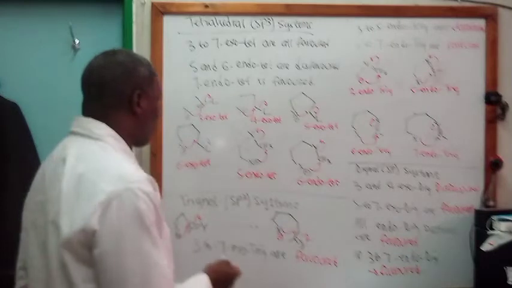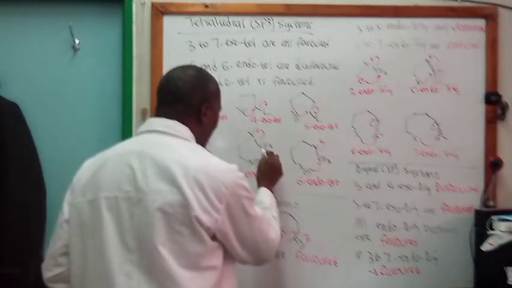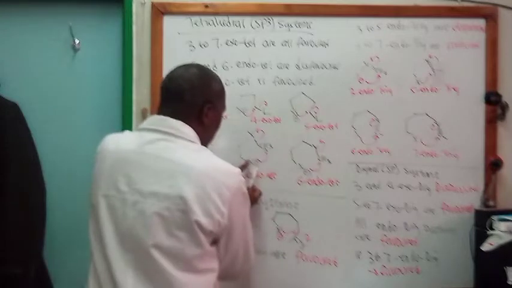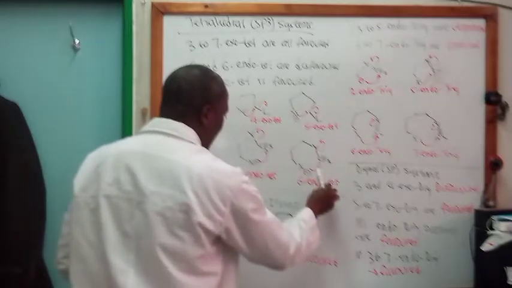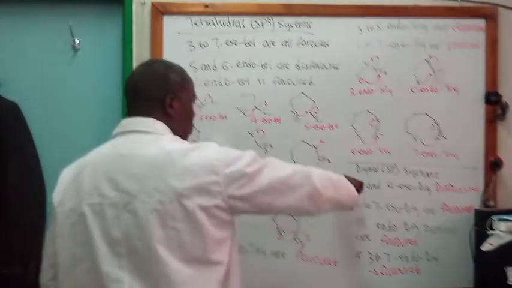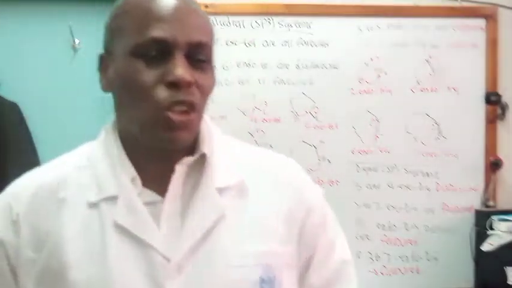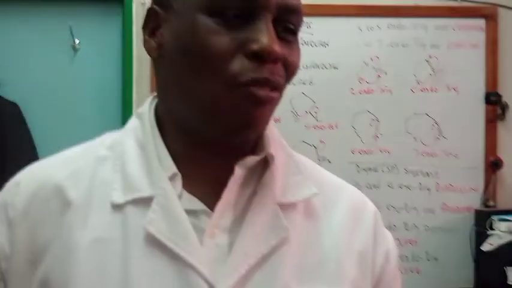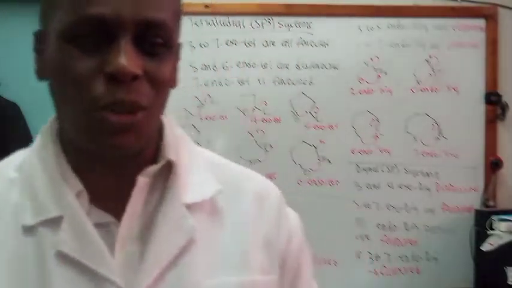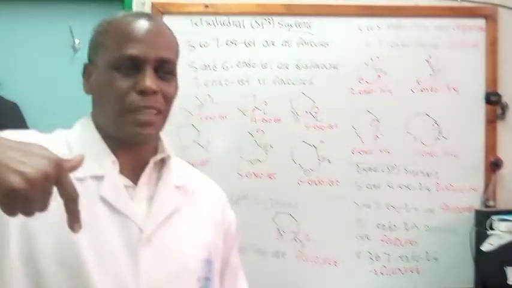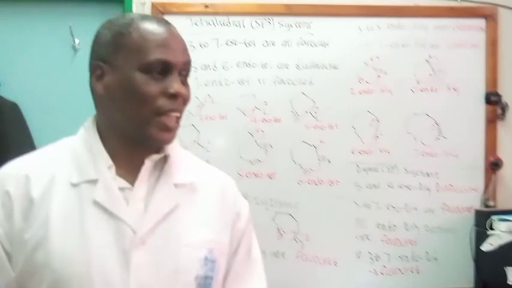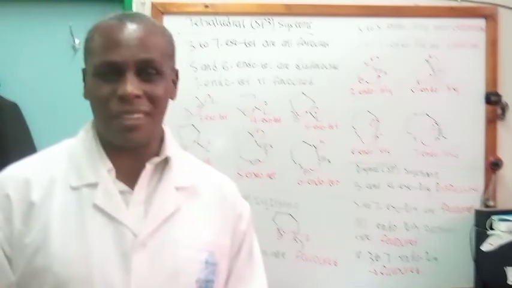But for 5 and 6 endo, for that orbital, the nucleophile will not be able to approach, whereas for the 7-membered ring, it will be able to approach from the backside. It's just like for SN2, where there is backside displacement with Walden inversion.